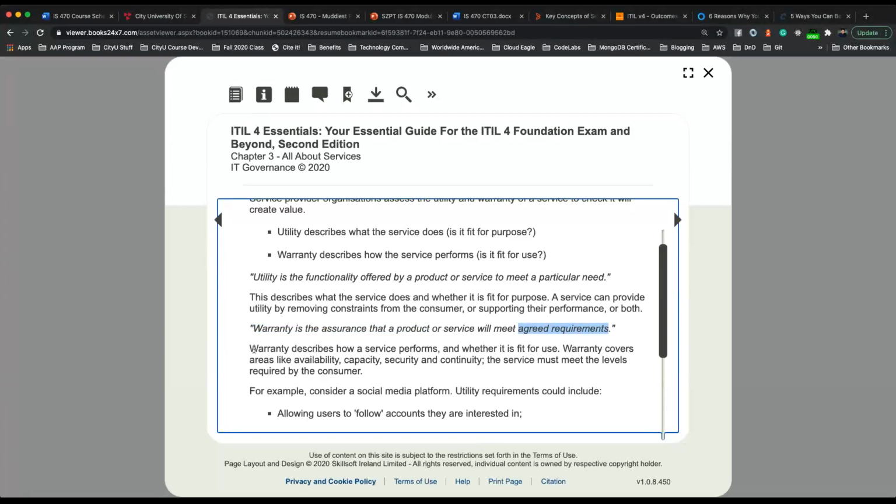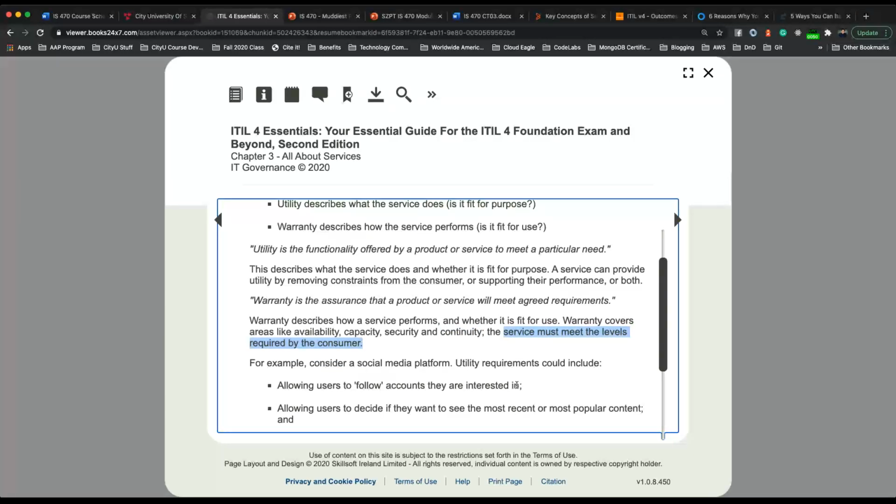So warranty would describe how a service performs, whether it is fit for use. It covers areas like availability, capacity, security, and continuity. The service must meet the levels required by the consumer.